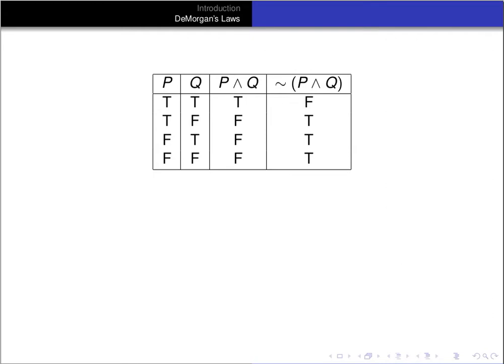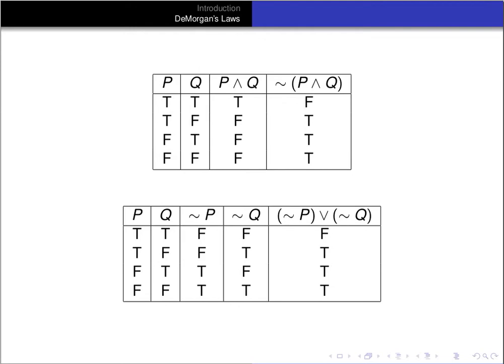Okay, so that's a truth table for the negation of P and Q. And here's the truth table for not P or not Q. Okay, so if P and Q are both true, then not P and not Q are both false. So not P or not Q is false. If P is true and Q is false, then not P is false and not Q is true. So the disjunction not P or not Q is true.